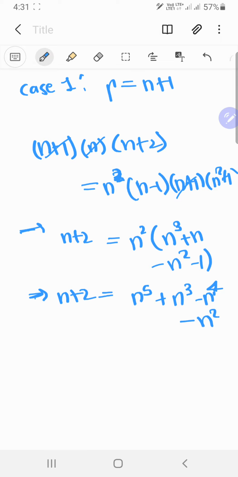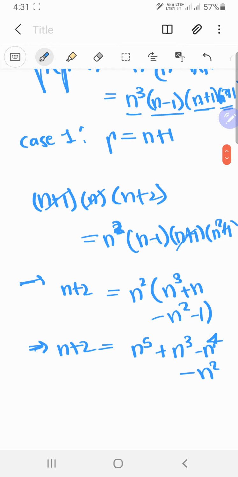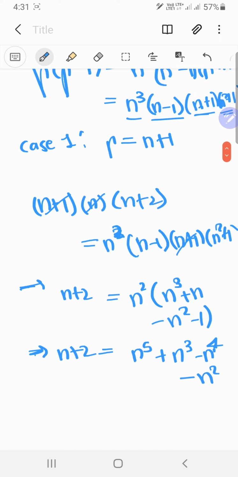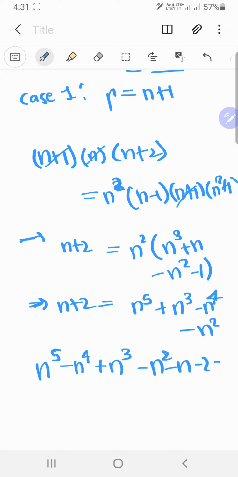I hope I've done it correctly. So it has to be n plus 1 over there, right? So that's correct. Let's see what we get from that. We get n to the power 5 minus n to the power 4 plus n cubed minus n squared minus n minus 2 is equal to 0.